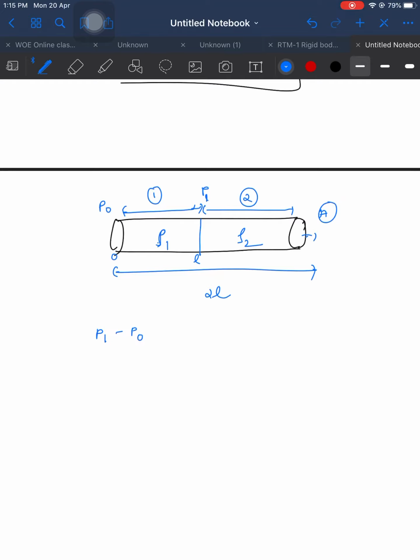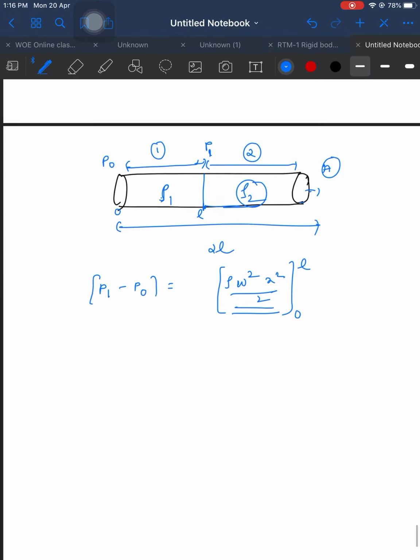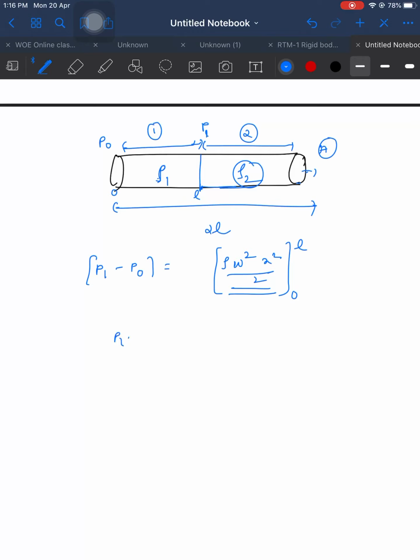P1 minus P naught, with A, is equal to rho omega square x square by 2, limits 0 to L. Why are you considering limits? Because in the second part, rho 2 is starting from L and ending at 2L. There you will feel difficulty. P1 minus P naught is equal to rho omega square L square by 2.